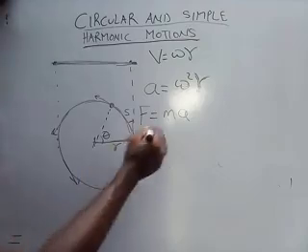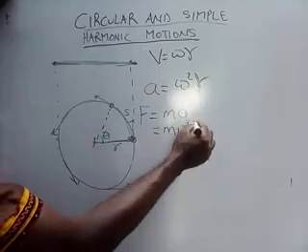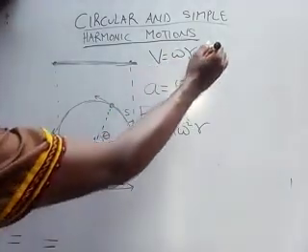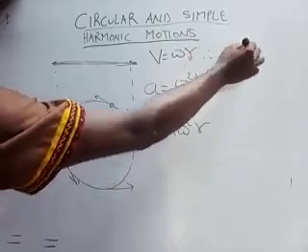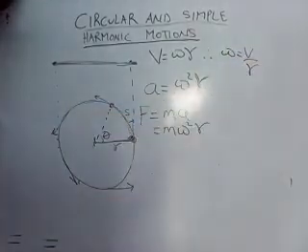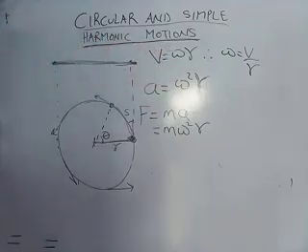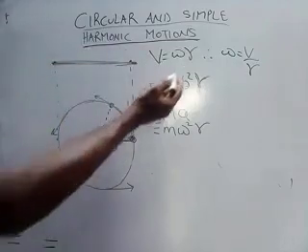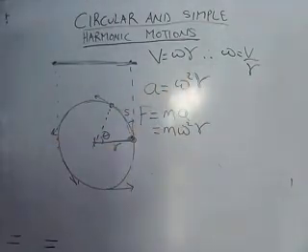And this is the same as mass multiplied by omega square r. From here, I can say omega equals v over R, making omega the subject of the formula by dividing both sides by R.